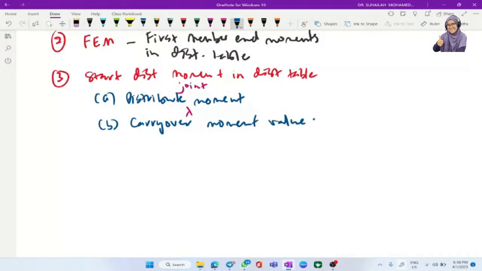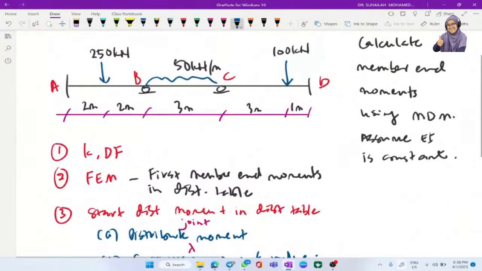Okay, these are the two processes in the table that we have to do repeatedly. We have to repeat again until the last distribution reaches zero value. Okay, so we start now.